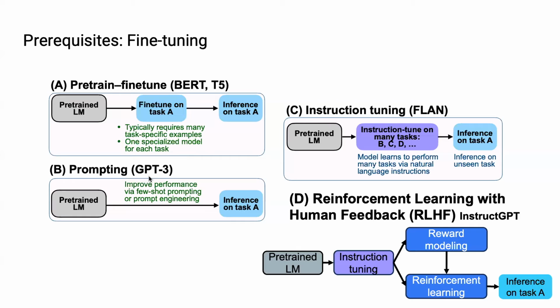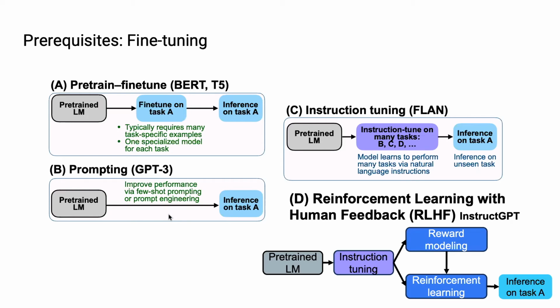And then when it comes to the GPT-3 world, the goal becomes that we want one general model that can solve many different tasks all at once. You do not need to fine-tune on a specific task.